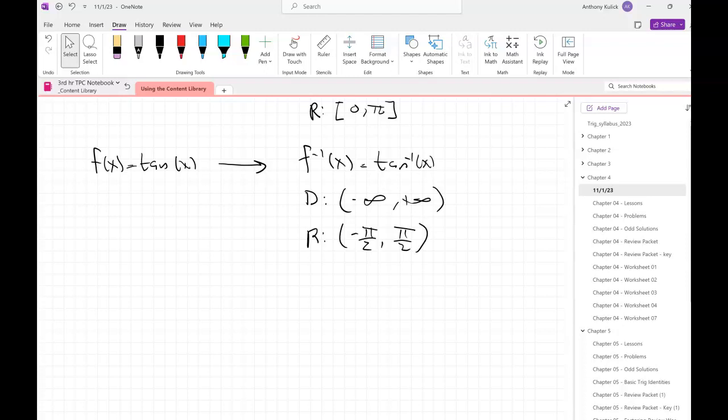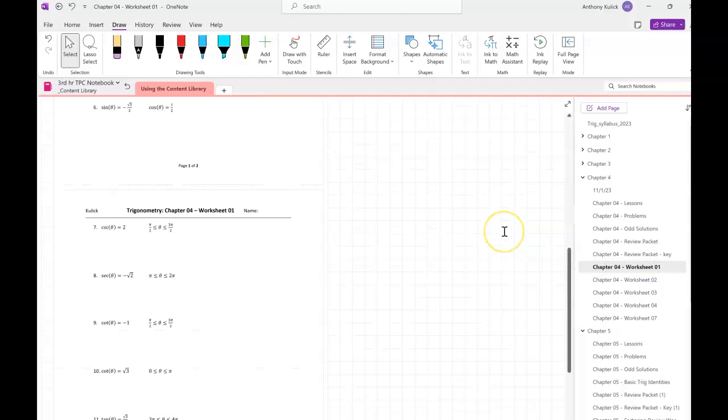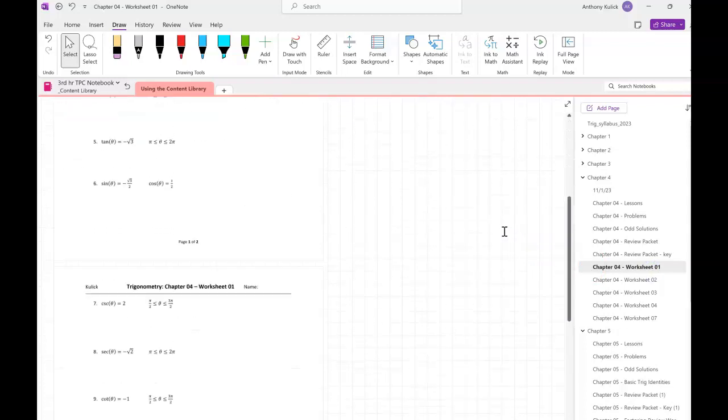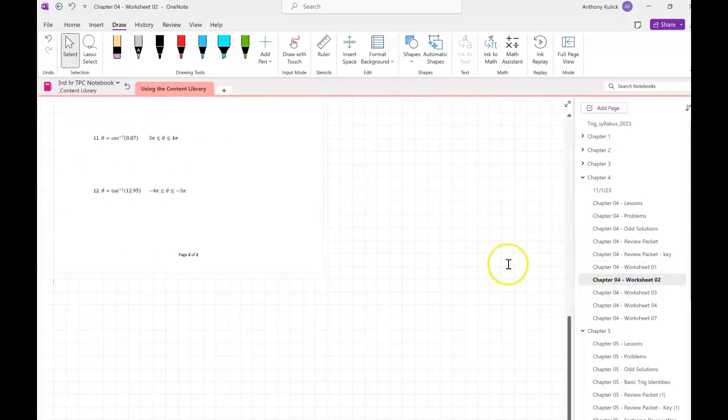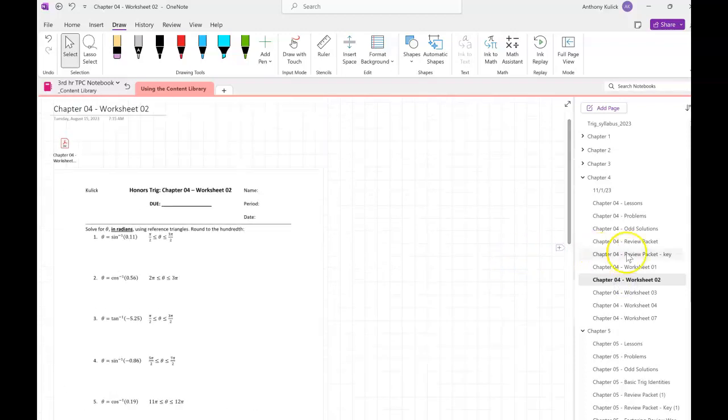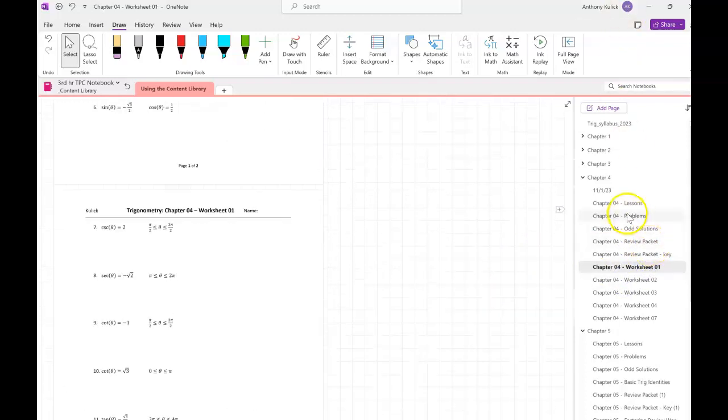And then we'll assign one of these worksheets to work on. Let me double check here. Tan doesn't have the brackets. Correct. Tan doesn't have the brackets.